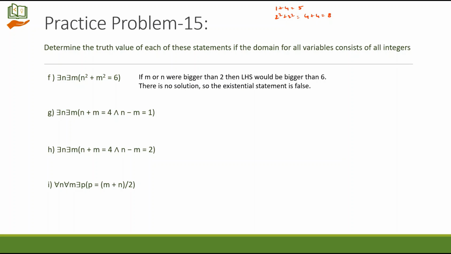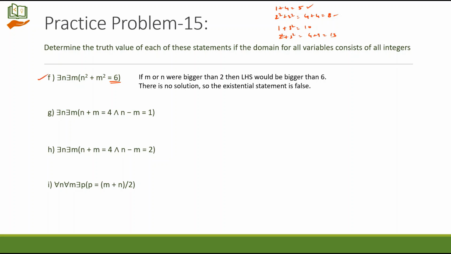If m or n were bigger than 2, then the left hand side would be bigger than 6. There is no solution. So this particular existential statement is false. And similarly, if we go for 1 plus 3 squared, then you will have 10. Then you have 2 squared plus 3 squared, you have 13. So it goes on more than 6. So this one is false.